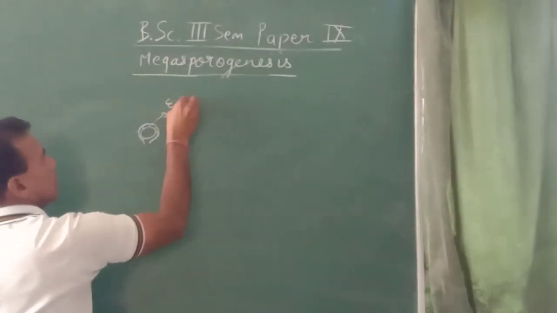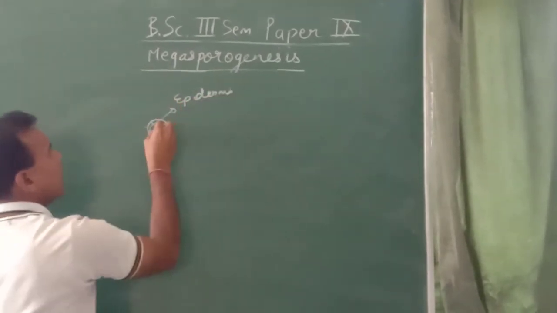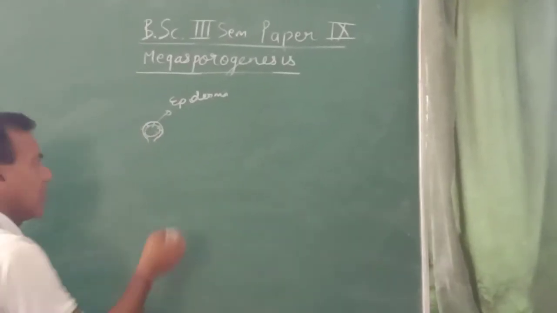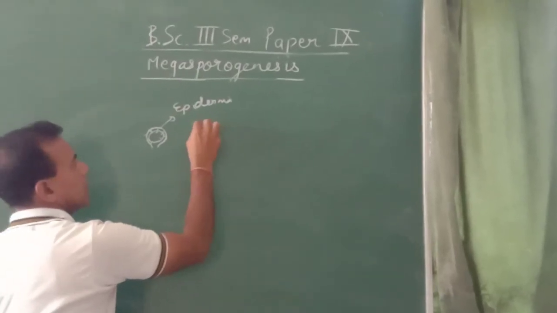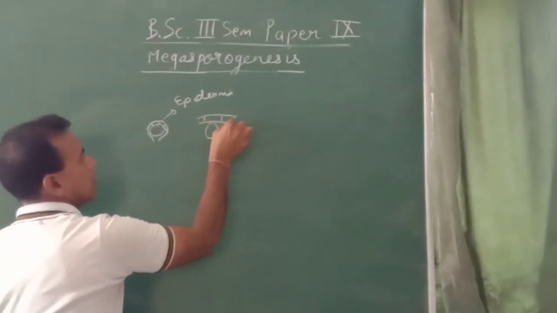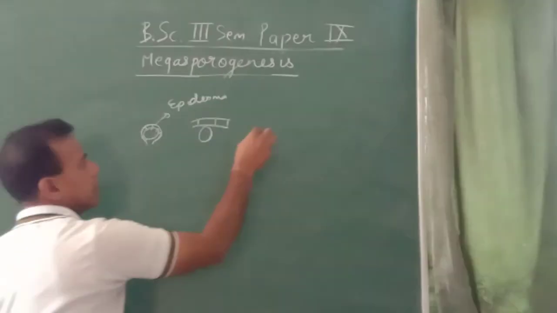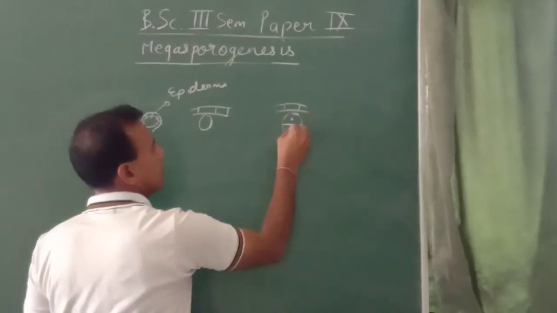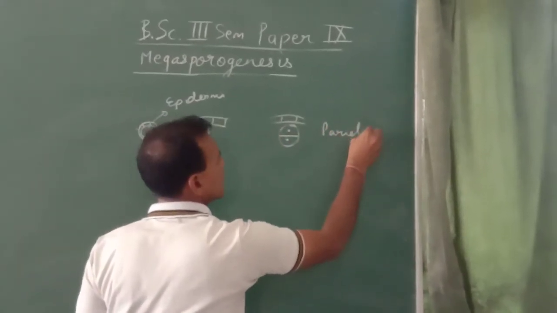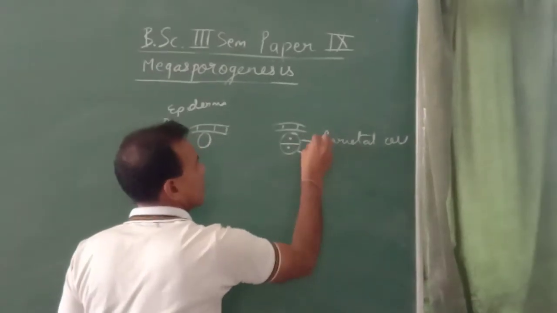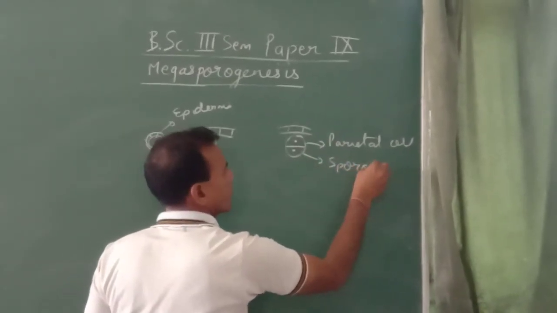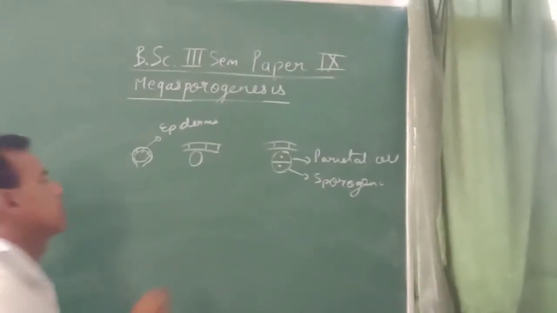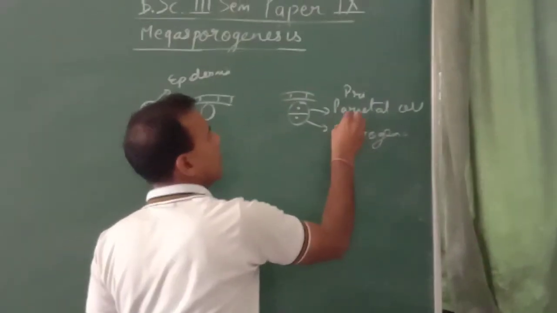Any one hypodermal cell differentiates, becomes large and densely cytoplasmic, and divides to make an outer parietal cell and an inner sporogenous cell. This is the primary parietal cell and this is the primary sporogenous cell.